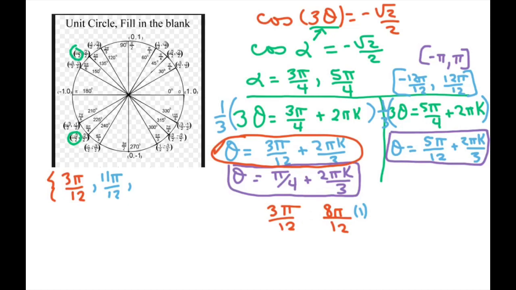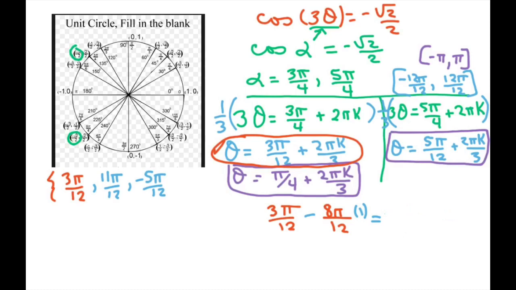So let's subtract here, and that would give us negative 5 pi over 12. And if I subtract another 8 pi over 12, that's going to be negative 13 pi over 12, which won't fit in our domain. So we're not going to subtract that. So we're done with that part.